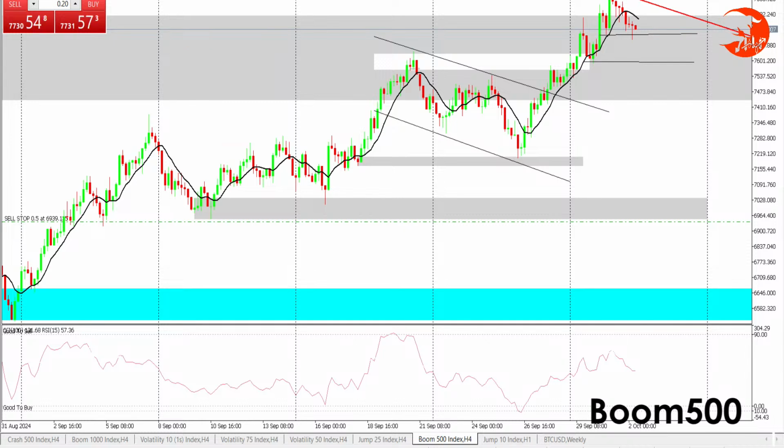I've seen tricks of boom 500, so you don't want to just go into it once it breaks. You just want a retest, a clean retest that will actually guarantee your safety, a retest that can guarantee the safety of your stop losses.